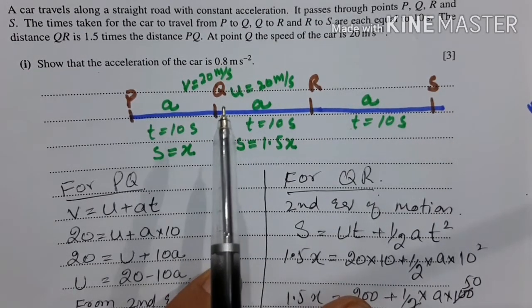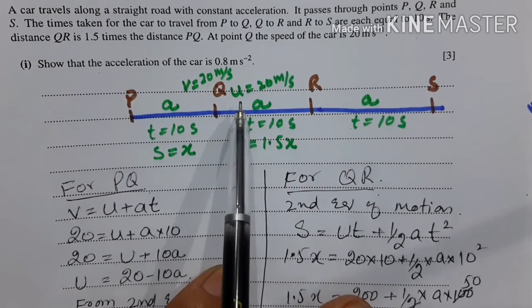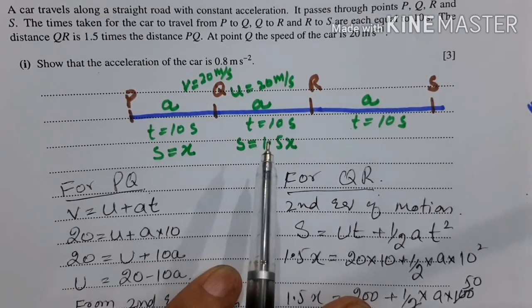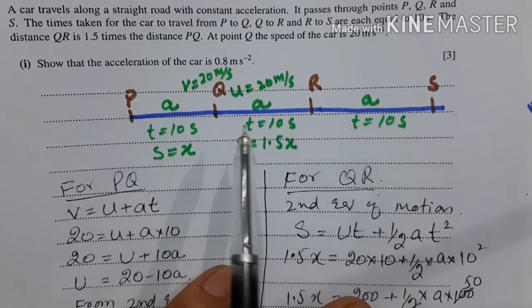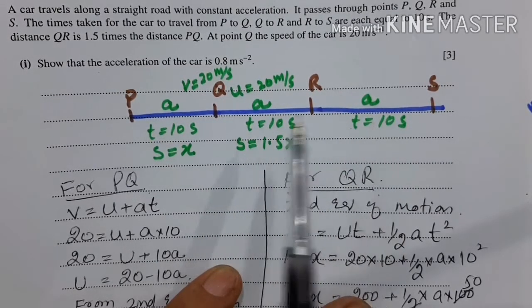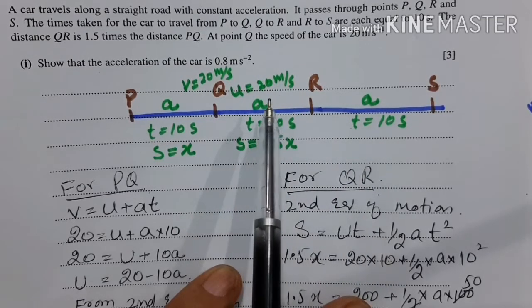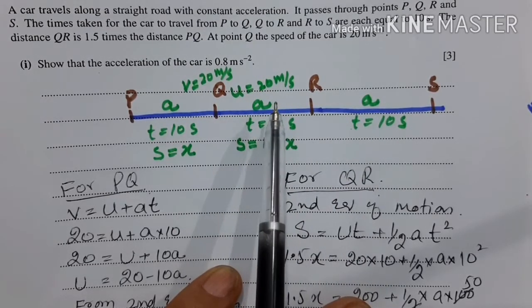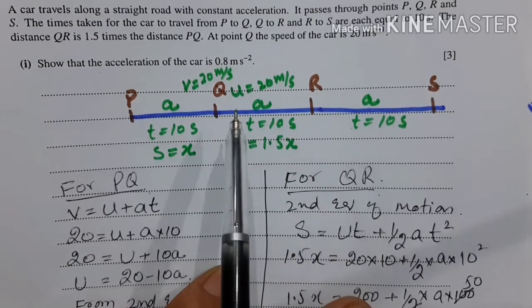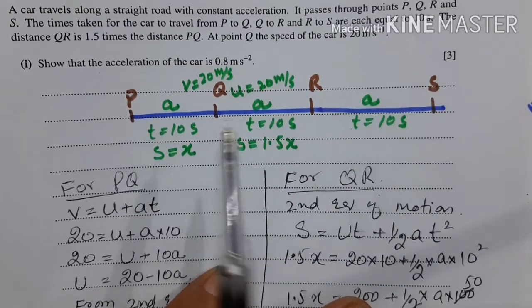Some things to keep in mind: at Q the initial speed is 20. The total time will be 20 seconds, because there are two parts of the journey. We also have A, which is 0.8 in this part. So we'll use all these quantities to find the value of QS.